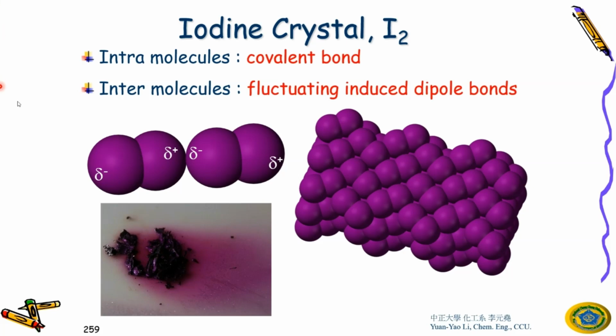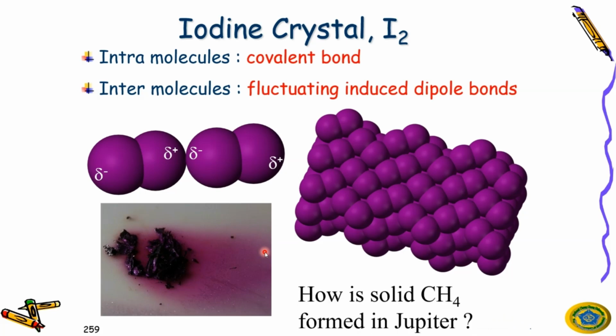Of course, if the temperature is higher, the surface of the iodine will be vaporized, because the bonding on the surface is weak. If the temperature is a little bit higher, the iodine vaporizes and you can see something like this, because it vaporized and dropped.